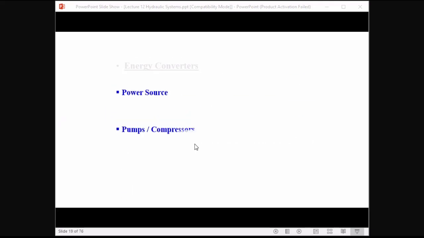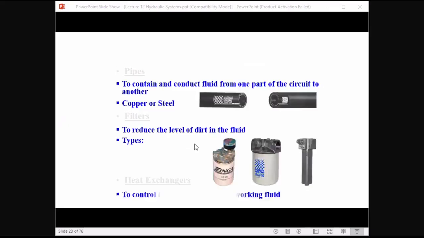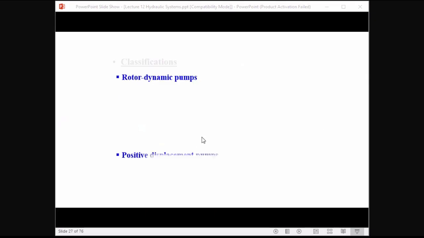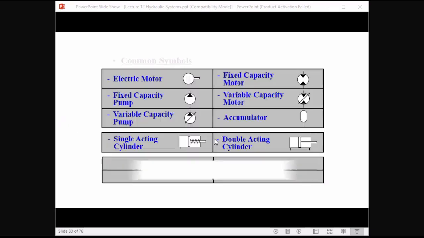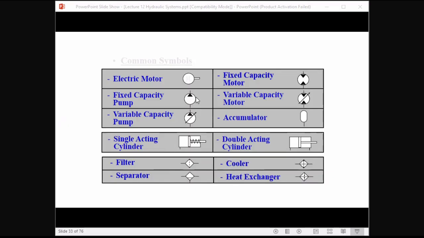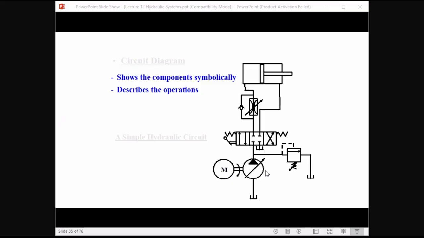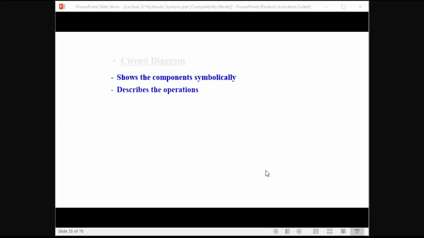Under this part, I will try to explain how to design a system using some software, and here you can see some components in a hydraulic system: cylinders, pumps, motors. We can develop this type of system.